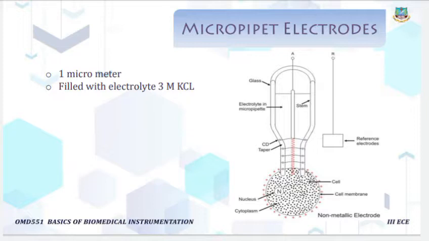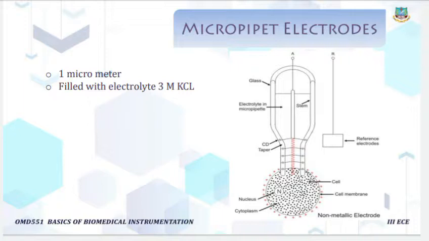Next one, micropipette electrode. It is a non-metallic electrode which consists of a glass micropipette whose tip diameter is about 1 micrometer. The micropipette is filled with an electrolyte, usually 3 molar potassium chloride, which is compatible with cellular fluid.